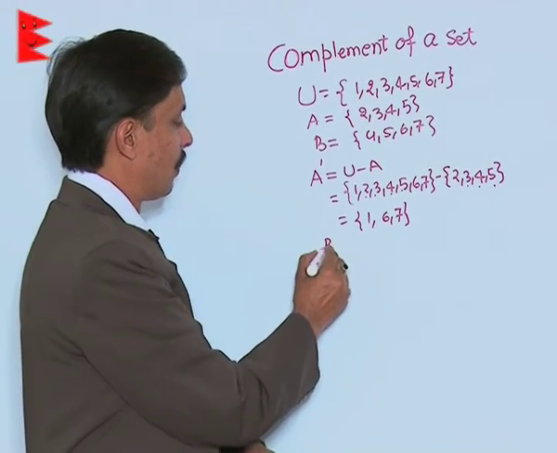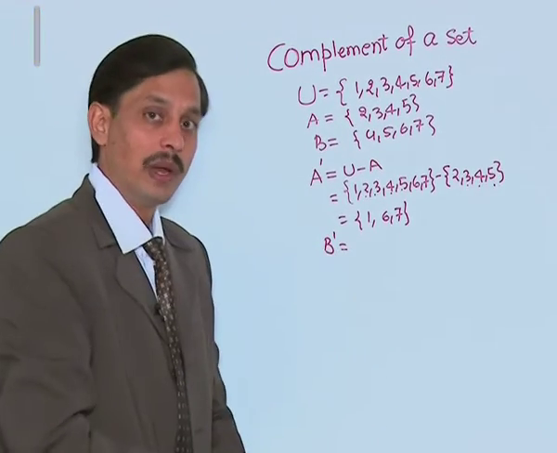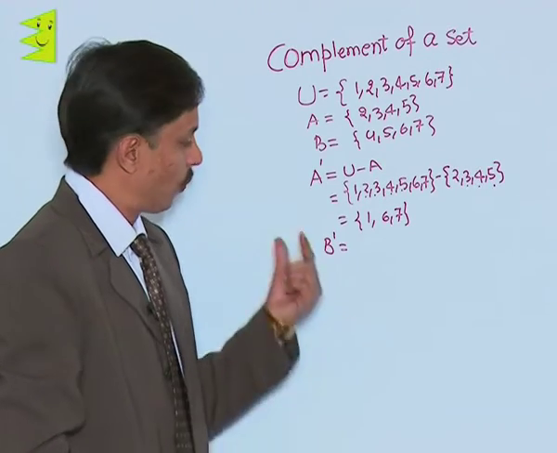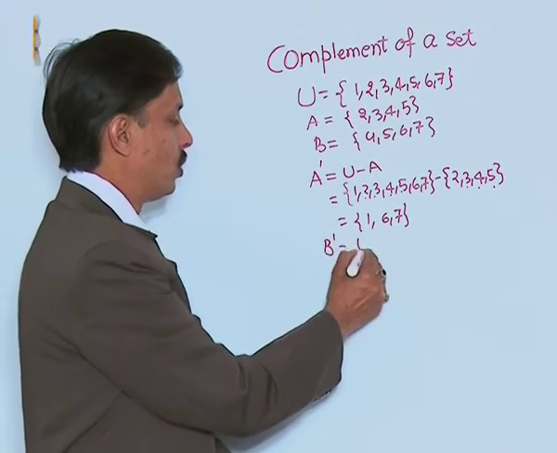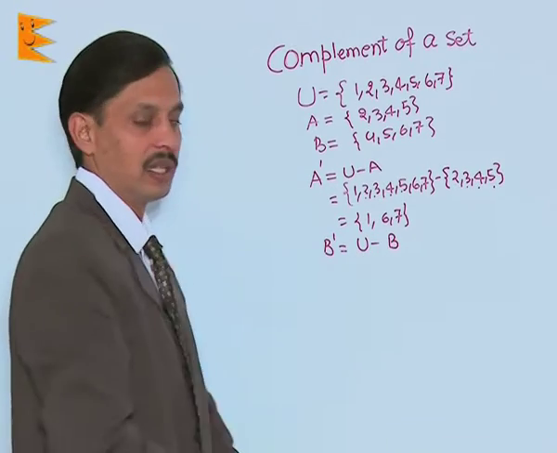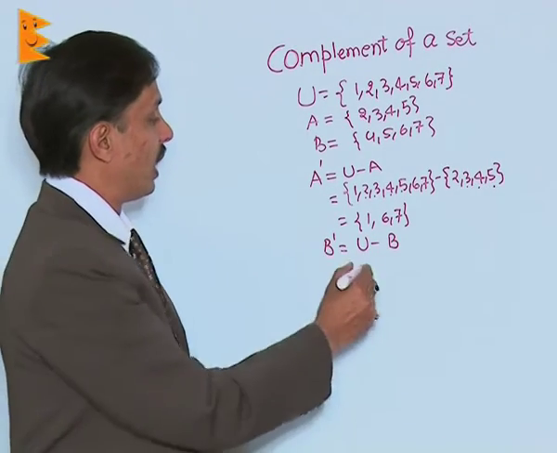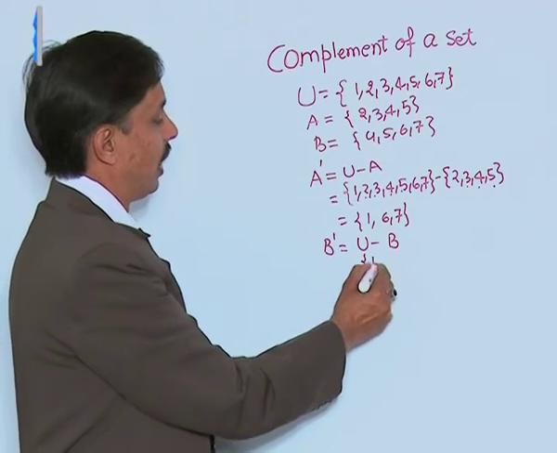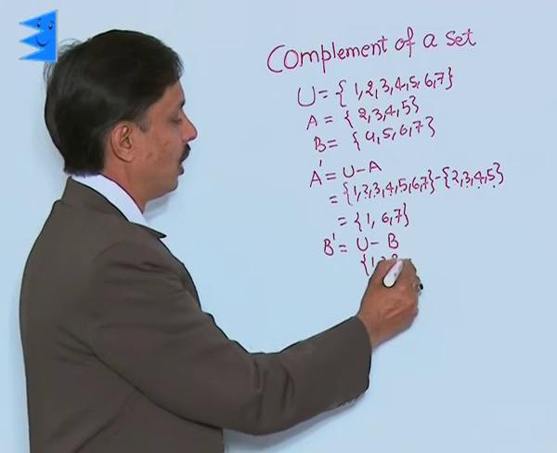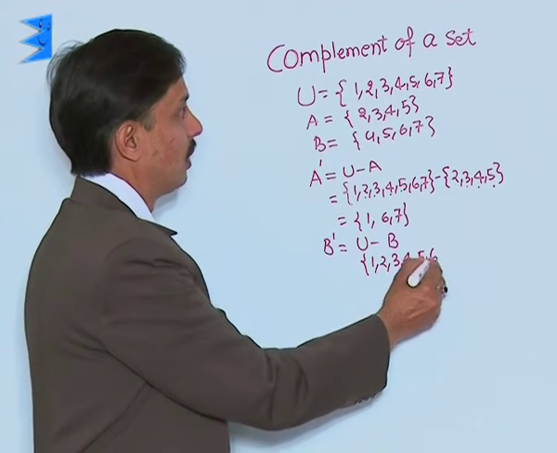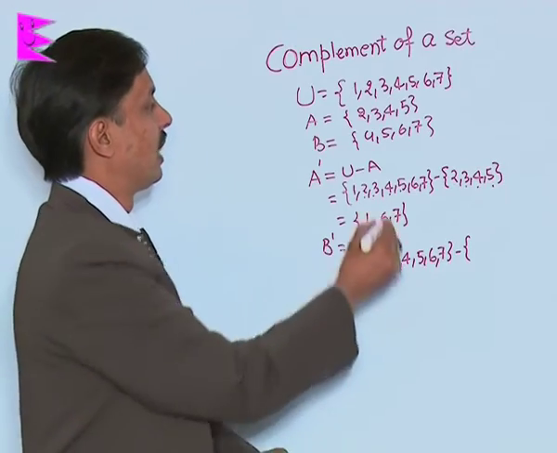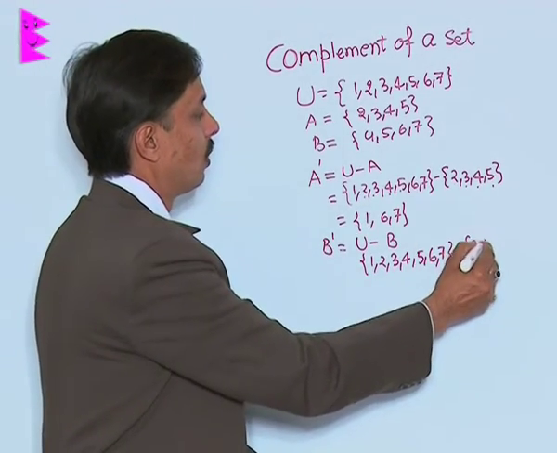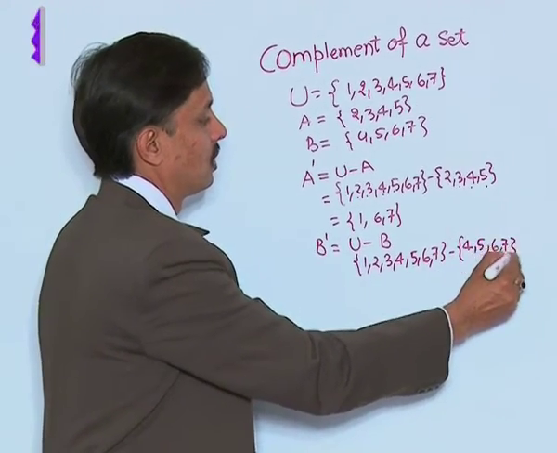For the next example, what is the complement of set B? To find the complement of set B, same process: B dash is equal to the universal set minus set B. We have in the universal set 1, 2, 3, 4, 5, 6, 7, minus B, B stands for 4, 5, 6, 7.